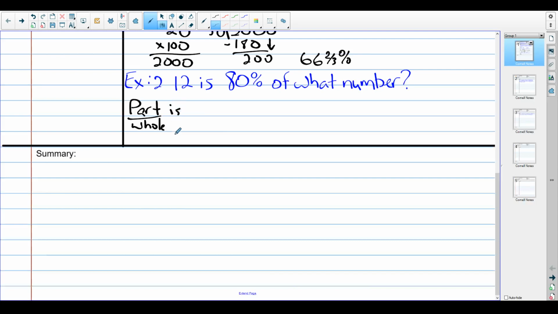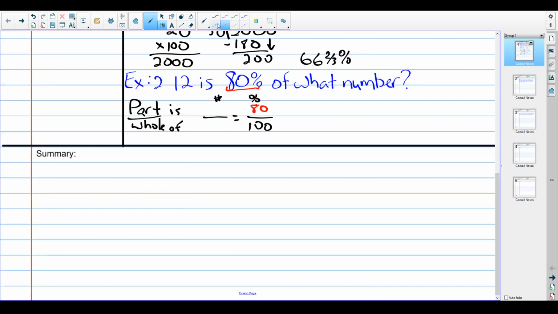Look for is and of, numbers on one side, percents on the other. 100% is always the whole thing. And this one is even easier when it tells you the percent, because if it gives you a percent, there's only one place this can go. It has to be on top, because you always have 100 as the whole. And it also says is 80%, which is the part.